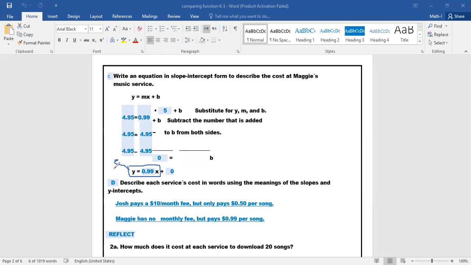This is for Maggie. Okay? Then, describe each service cost in words using the meaning of the slopes and the y-intercept.